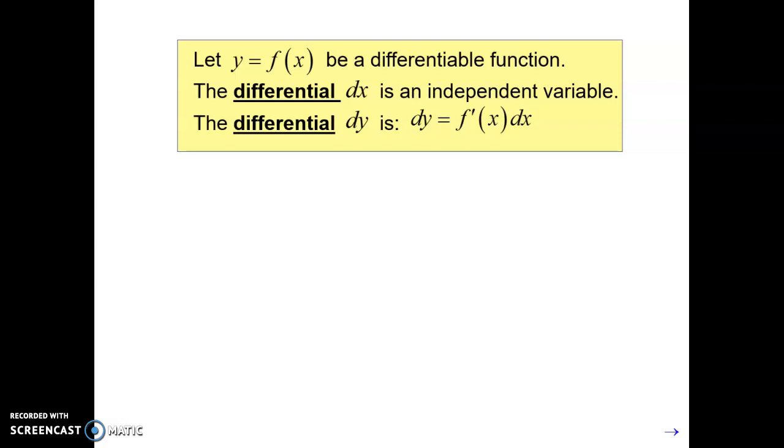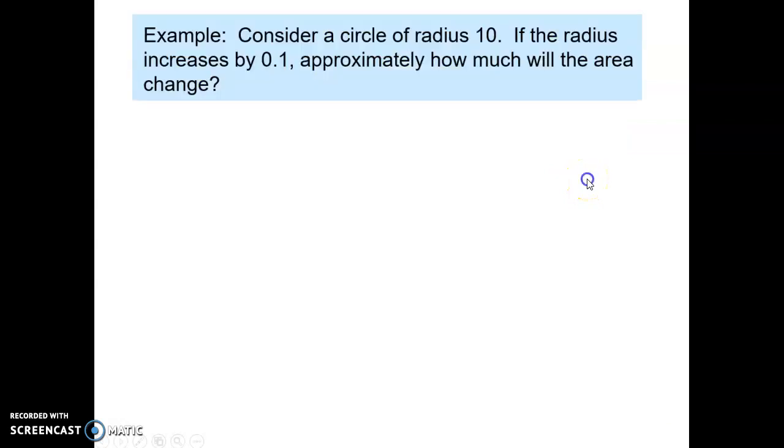In other words, what we did here is we took the two notations, Leibniz notation of dy dx, set it equal to Newton's notation, which is f prime of x. But now if we think of dy and dx as small changes of x and y, we can then cross multiply and get this new differential equation, dy is equal to the derivative of f multiplied by that very small change in x.